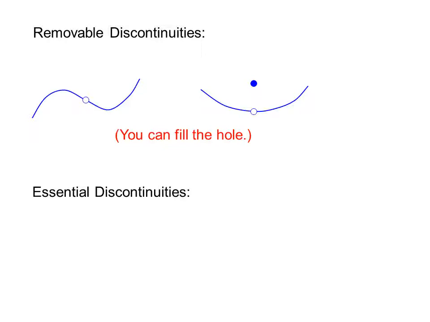Other discontinuities are classified as essential discontinuities. One example is the jump discontinuity. Another example is the infinite discontinuity.